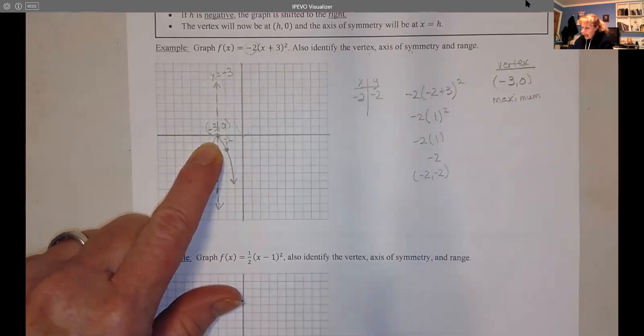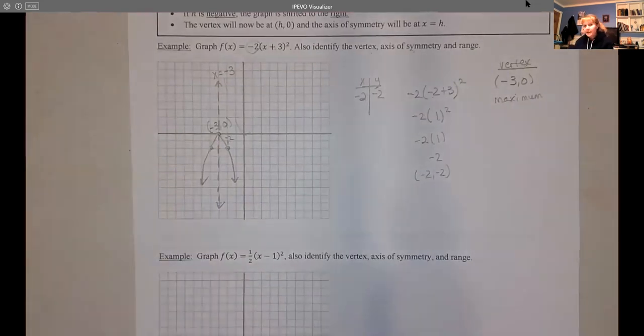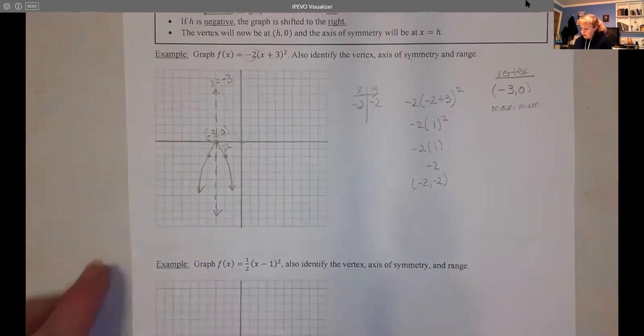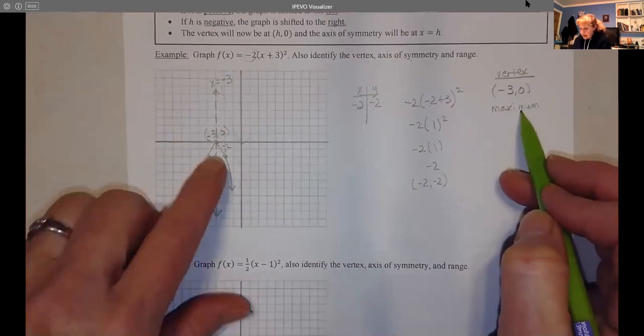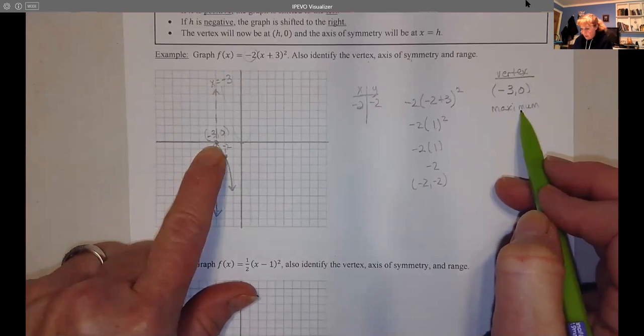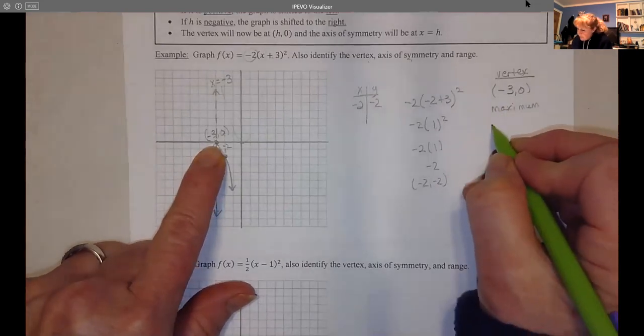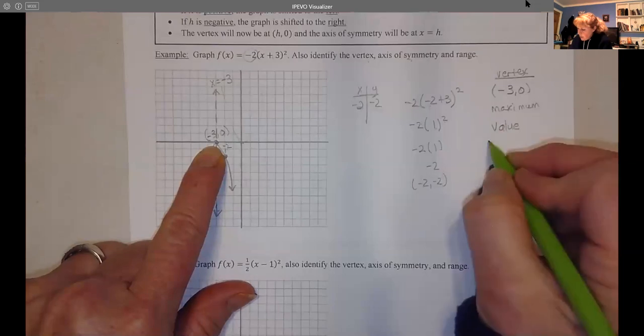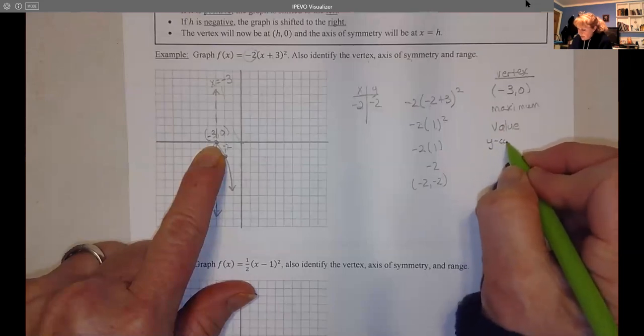And what is the maximum value? So we have -3, 0 as our vertex. This vertex is a maximum. It's the highest point. When they ask you for the value, the maximum value, they want the y coordinate.